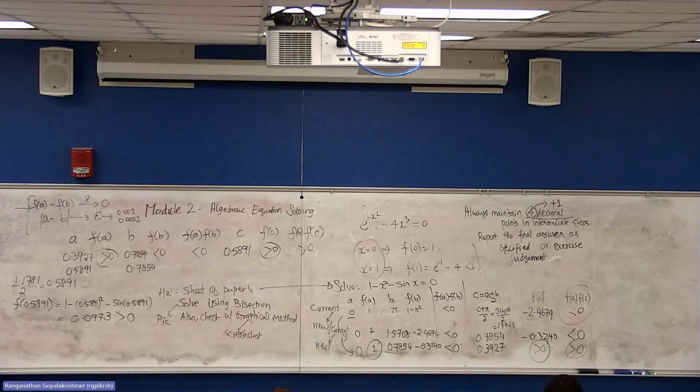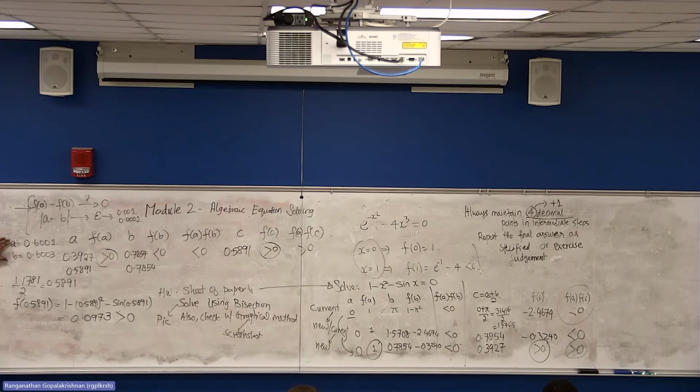Is our final answer the difference between a and b? The final answer is, if a and b are close enough, let's say you get down to a value of 0.6001 and b value happens to be 0.6003, just for example's sake.